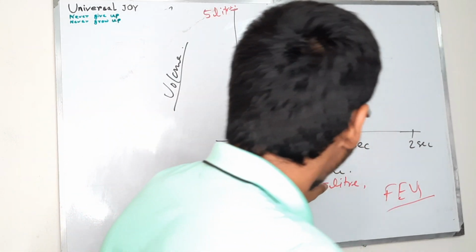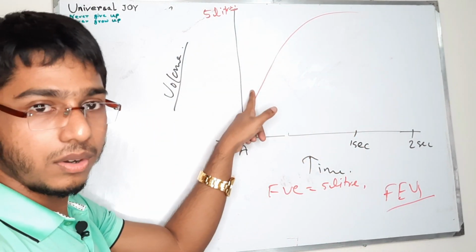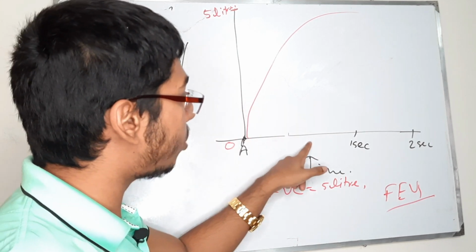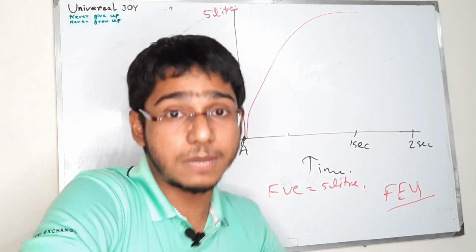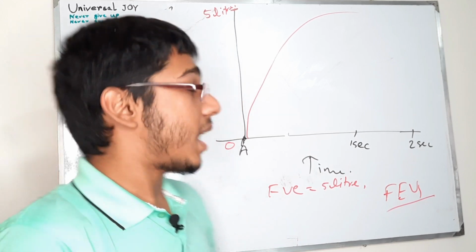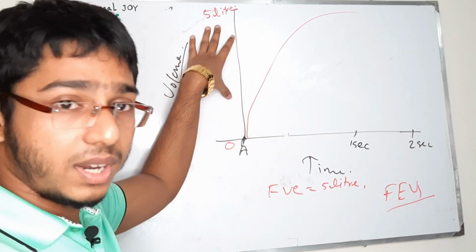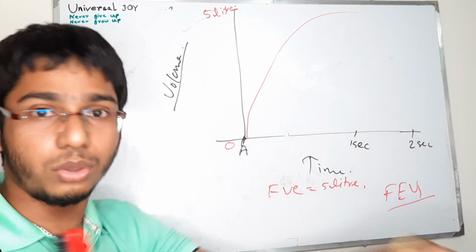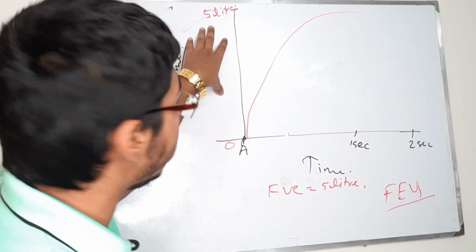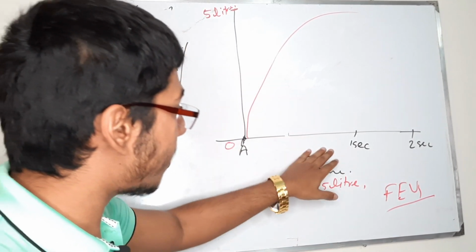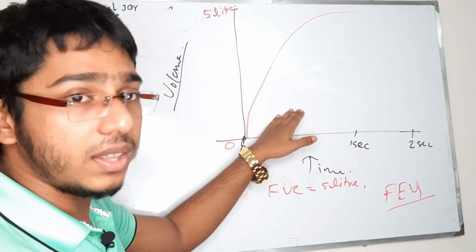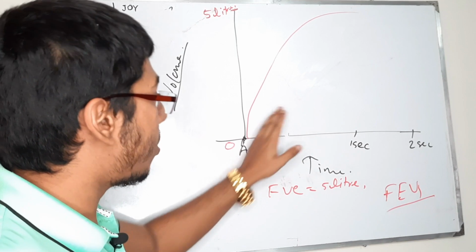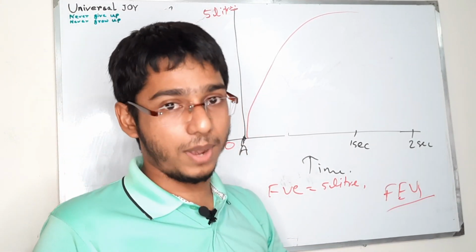How much of the 5 liters you are able to throw out in the first second is known as FEV1, also called forced expiratory volume. Out of the 5 liters that you have thrown out, how much air you have thrown out of your lung within the first second is known as forced expiratory volume 1.